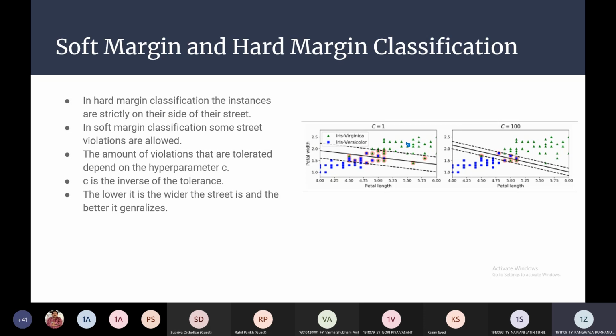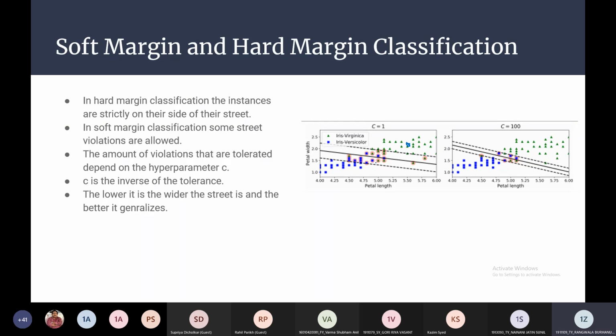It's not possible to create a street, because the street can't go over that. It can't have margin violations, but that was because we were using hard margin classification. In hard margin classification, the classes need to be strictly on their side of the street. One method to sort this out is soft margin classification.